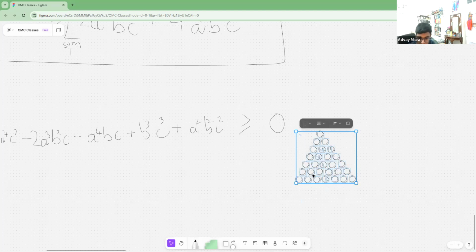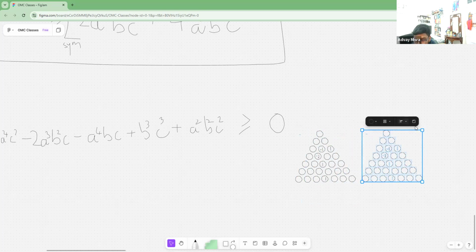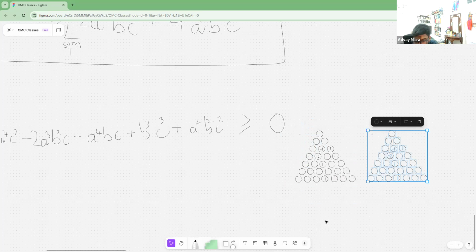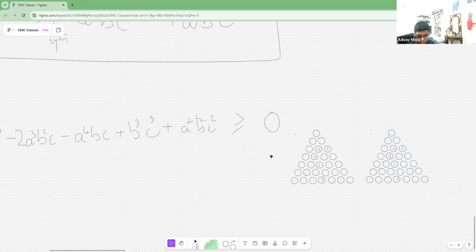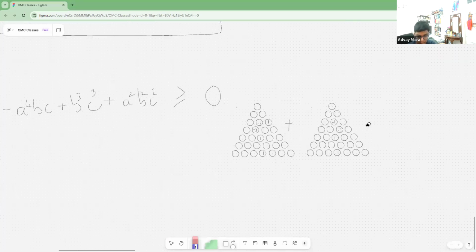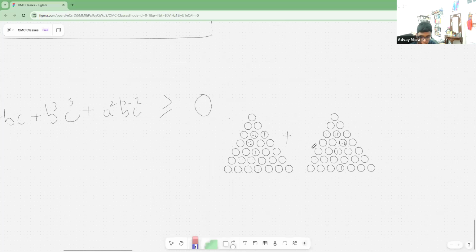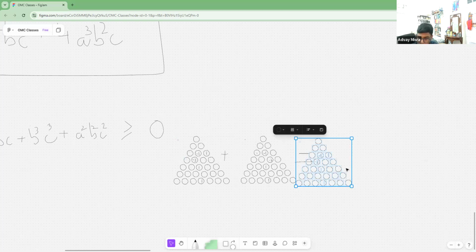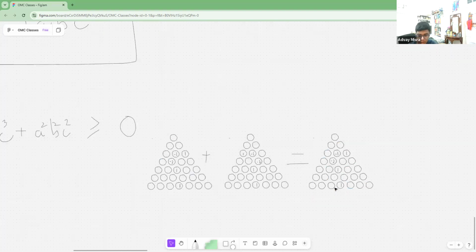First of all, you just take this and add it to its mirror image, which corresponds to the terms of the symmetric sum that swap B and C.